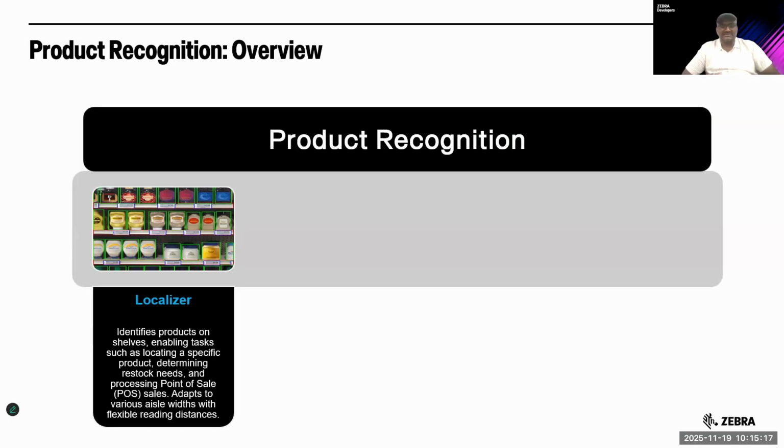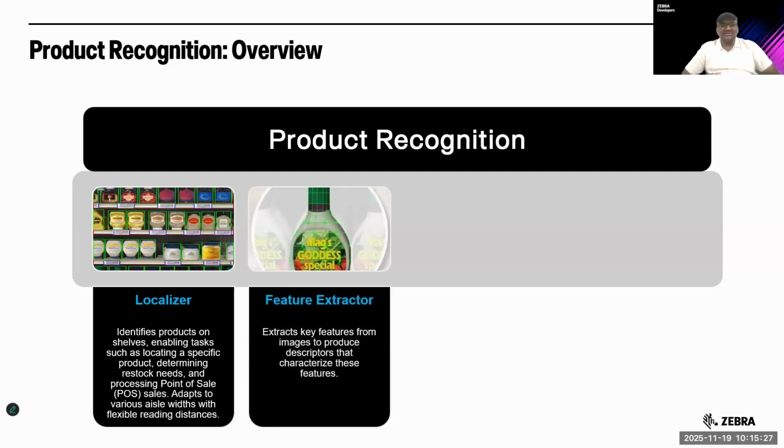When I say labels, I mean the price labels and the product split. The next step is, once you have these localized products, to feed them into a feature extractor capability of this SDK, which extracts the features of each individual product.